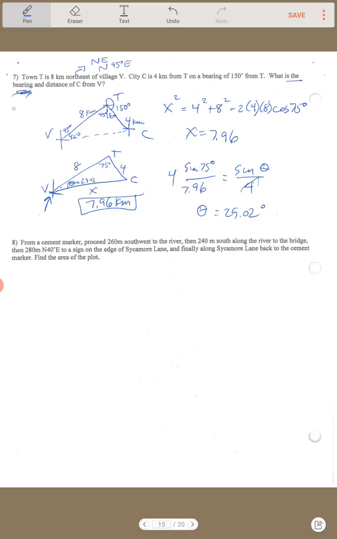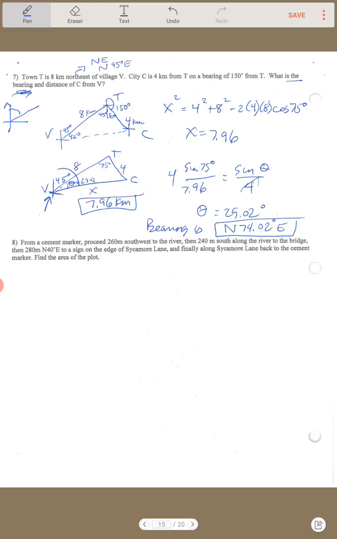The bearing, remember, is measuring from the north and working its way towards the angle that you want. Well, keep in mind what we have here is the 45 degrees, and so we're taking 45 and adding that to 29.02. So if we add 45, we're going to get that the actual bearing is north 74.02 degrees east. That's going to be our true bearing.